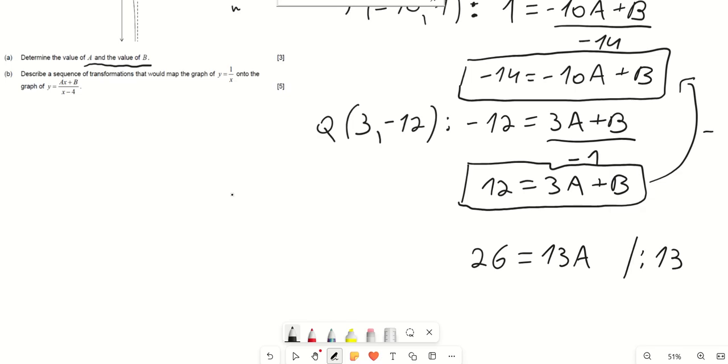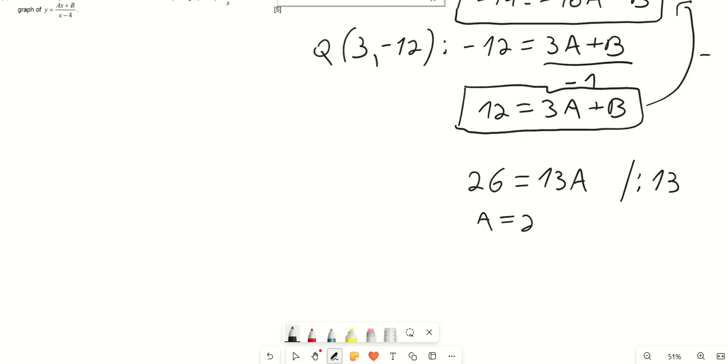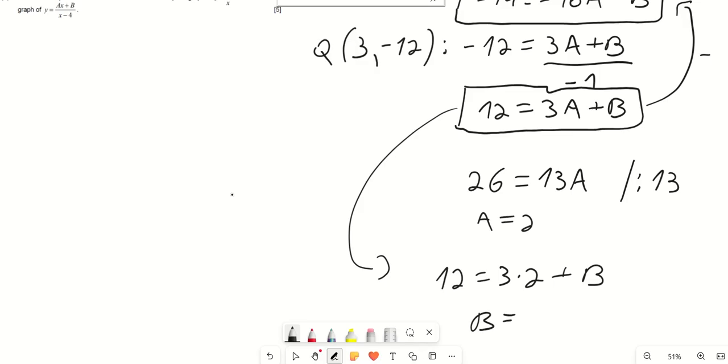I divide by 13 and I get that a equals 2. To find b, I'm going to use one of those equations, for example this one. So I get 12 equals 3 times a, and a is now 2, plus b, and then I get that b equals 6. So we found a and b, and this is part A.